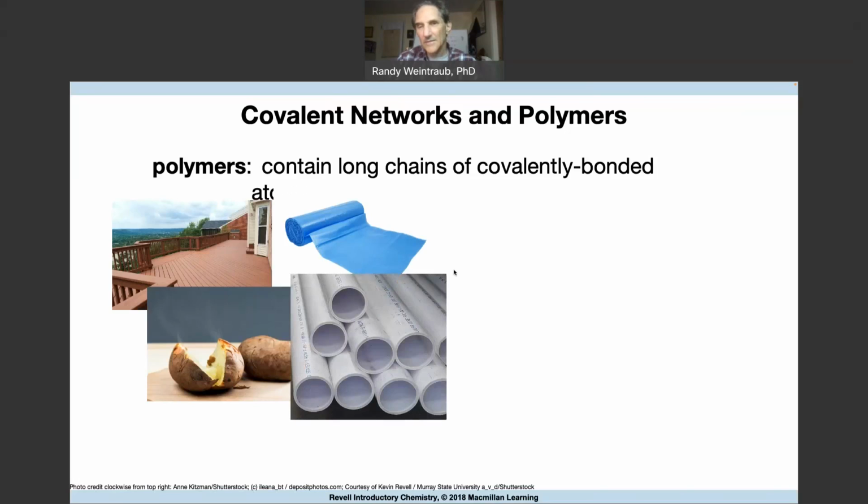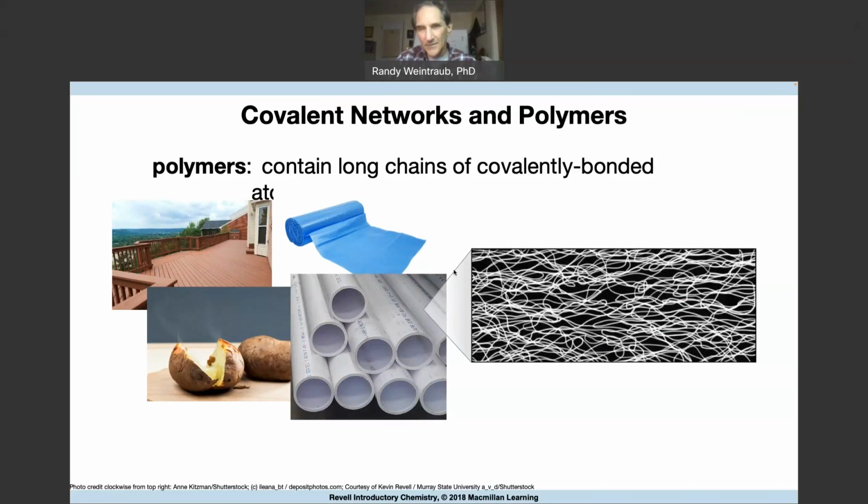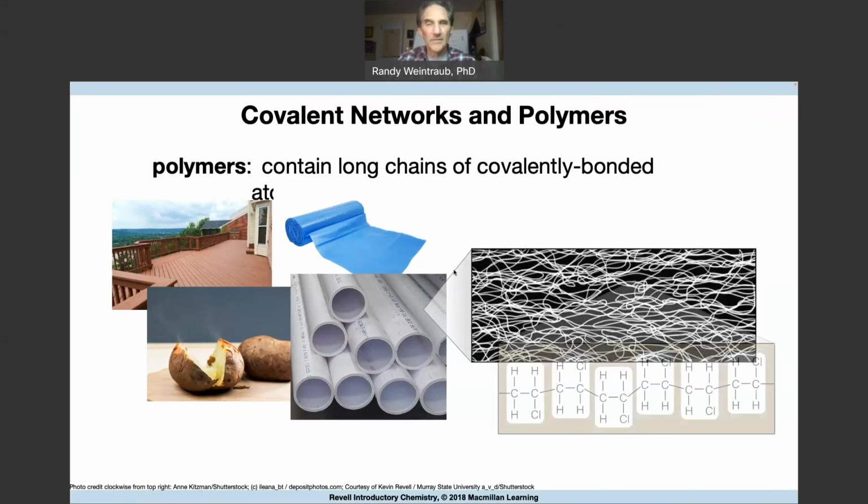Plastics, polyethylene and polyvinyl chloride, PVC, are synthetic polymers. The long chains of polymers are made up of small repeating units joined together by covalent bonds.